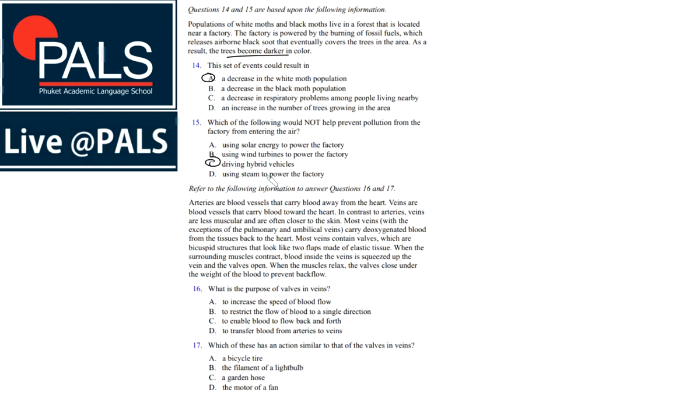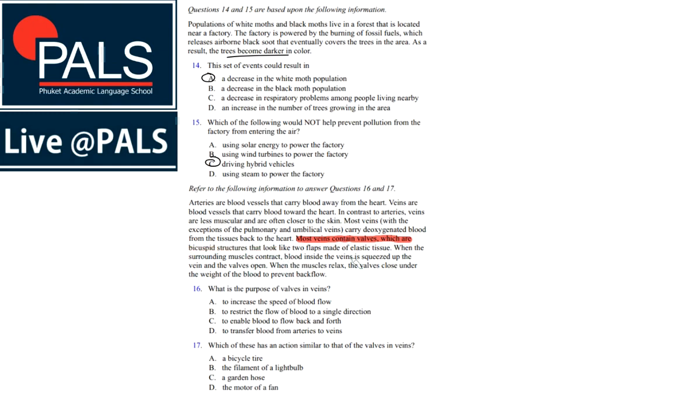So what part of the text is important here? Let's have a look. Here, so here it starts. Most veins have valves which are bicuspid in structure and look like two flaps made of elastic tissue.